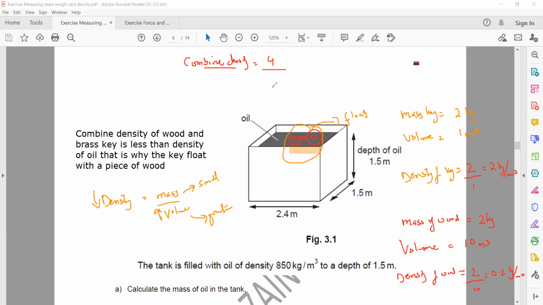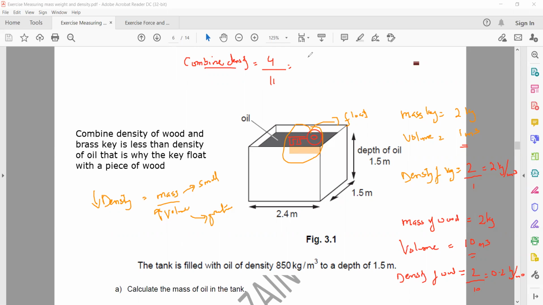But what about the volume? Because when you place a piece of wood, the wood is in contact with the liquid. So the total volume: 1 is for the key and 10 is for the wood, so 10 plus 1 makes 11. So it will be 4 divided by 11.